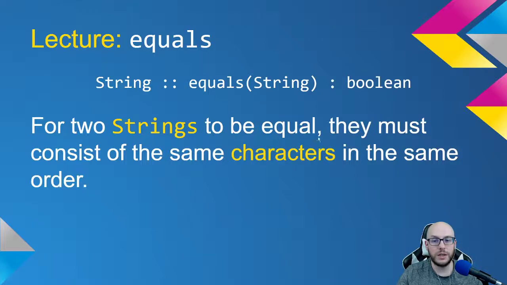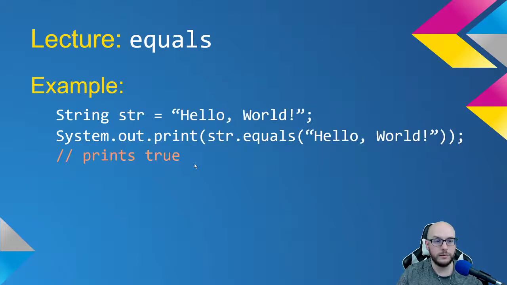For 2 strings to be equal, they must consist of the same characters in the same order. Here we have hello world, and here is the call to equals. I'm taking 2 strings, right? I got str, that's one of my strings. I've got this string that I'm passing in as an argument, as a parameter.